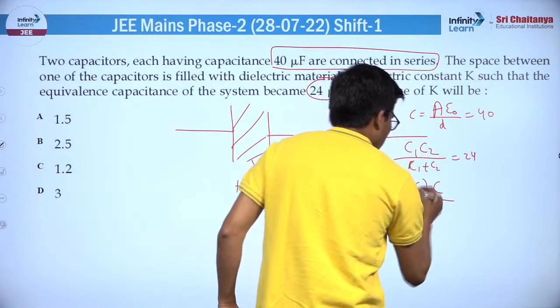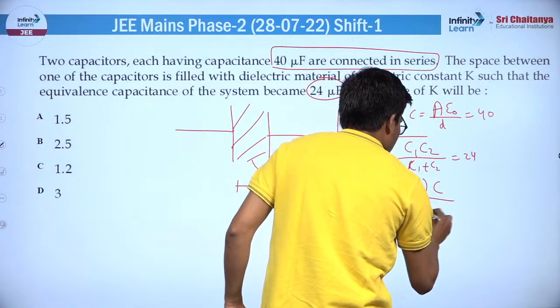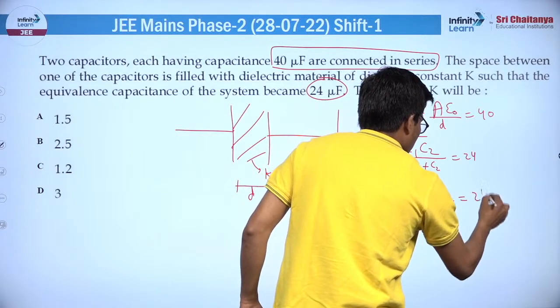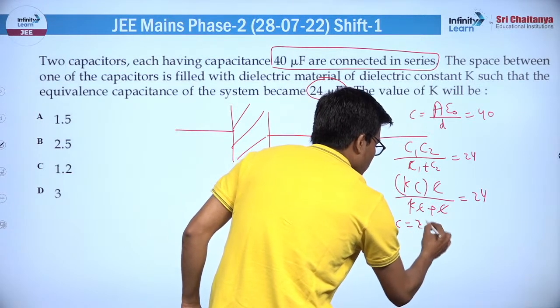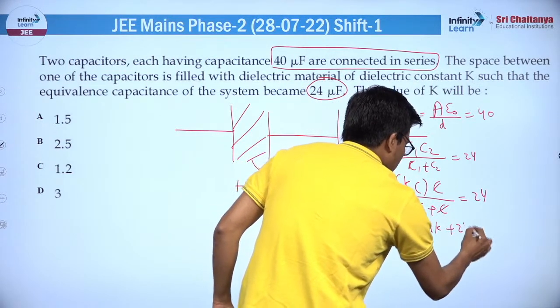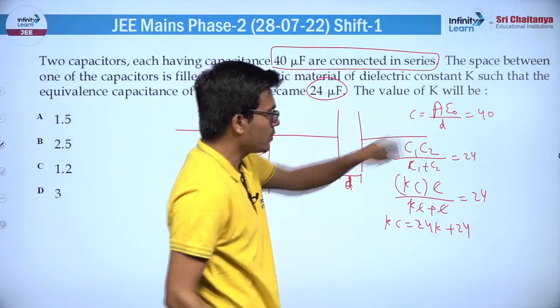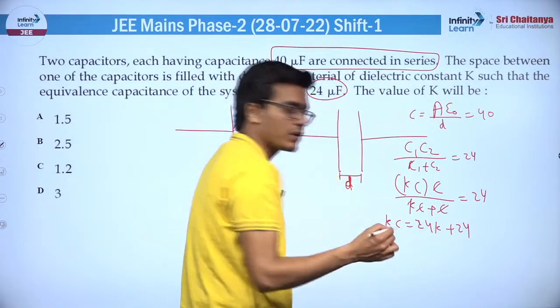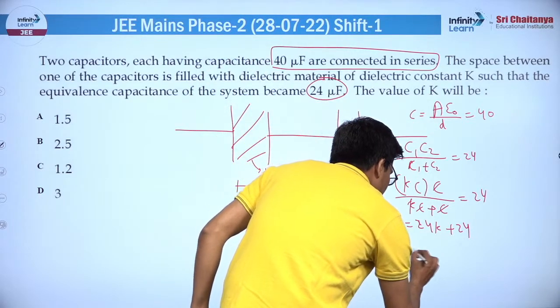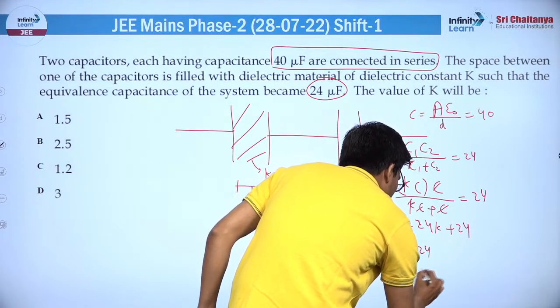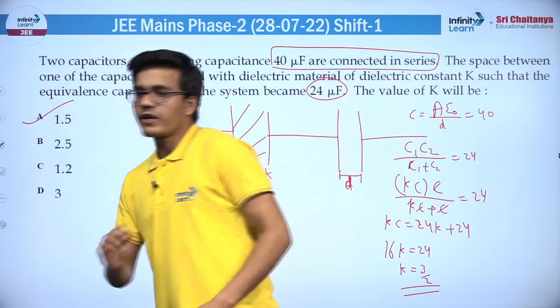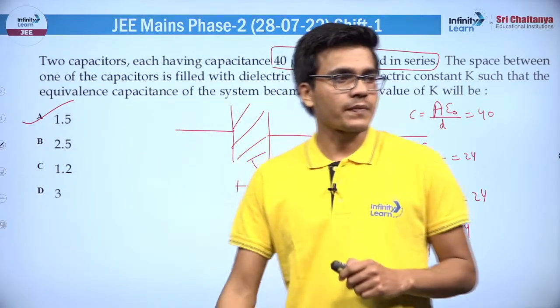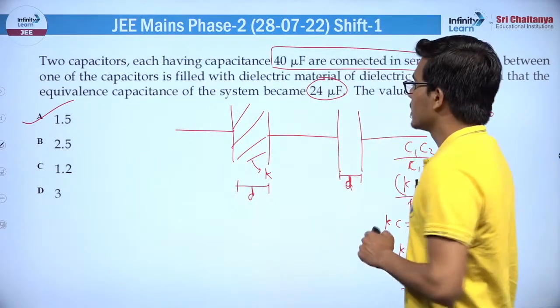The second one has no change. So KC times C by (KC plus C) is equal to 24, one C will get cancelled. KC is equal to 24K plus 24, right? And this C value is 40, 40K minus 24K is 16K is equal to 24, so K is 3 by 2, meaning the dielectric constant is 1.5, that is given in A option. Alright, moving to the next question.